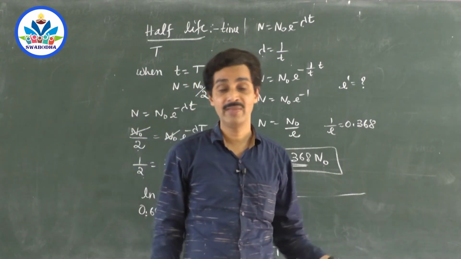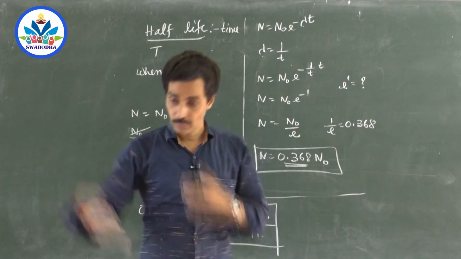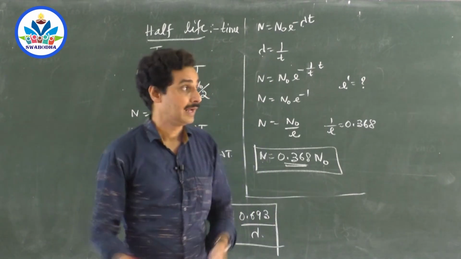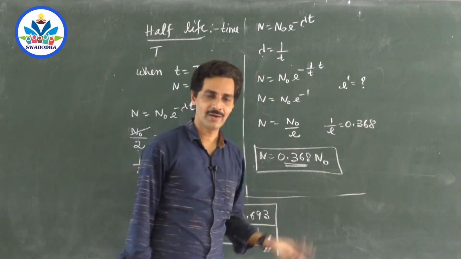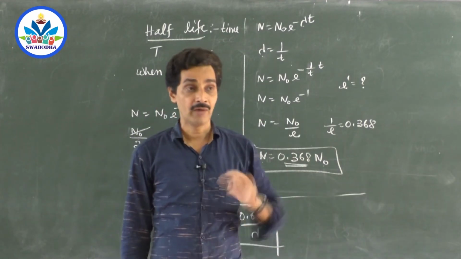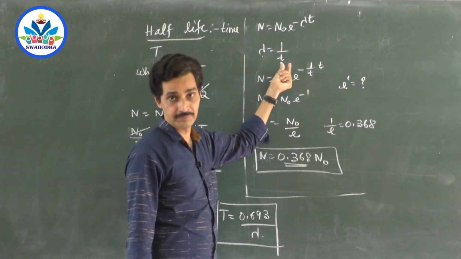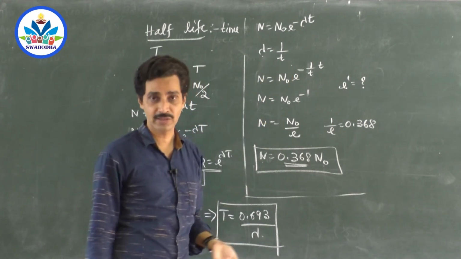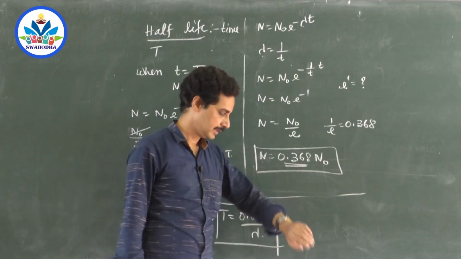If you had taken 10,000, it should become 3680. So what is that time to decay? Its reciprocal is called the decay constant. So the decay constant will have units of seconds to the power minus 1, hours to the power minus 1, years to the power minus 1, anything. In the SI system, seconds to the power minus 1. So, define decay constant.